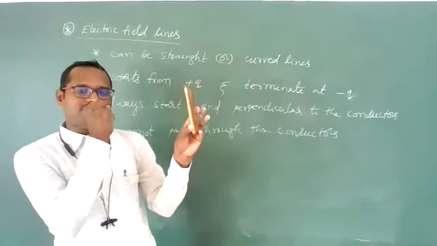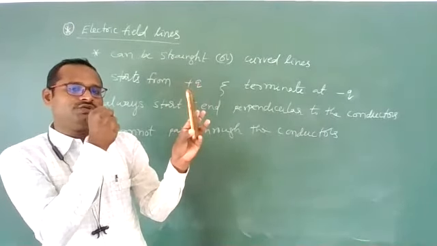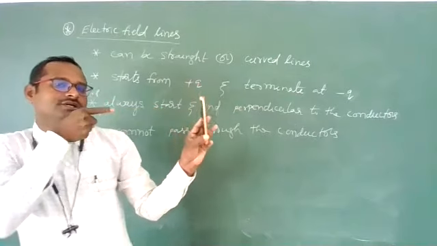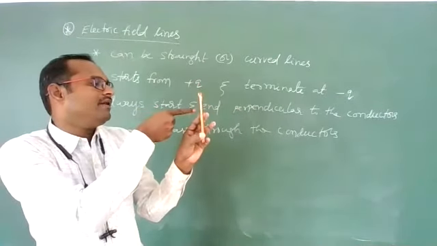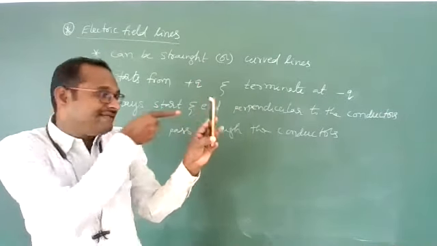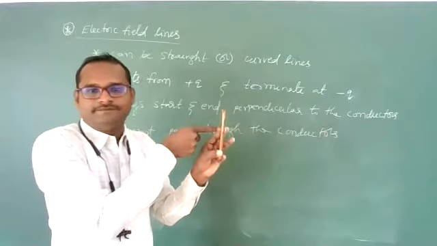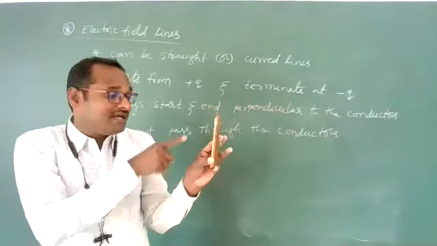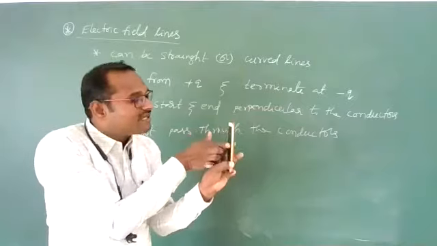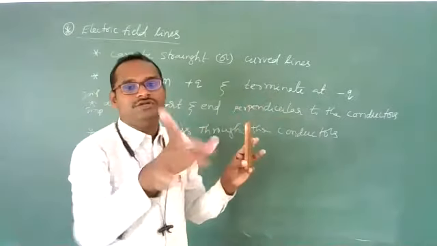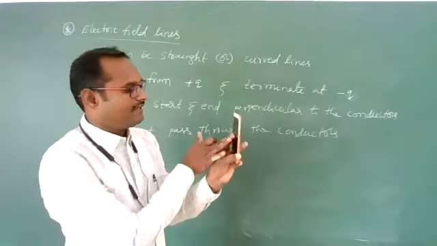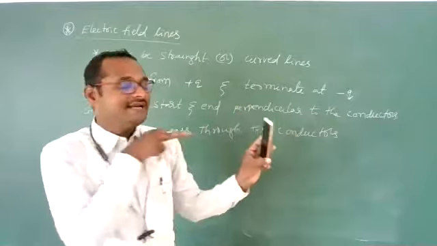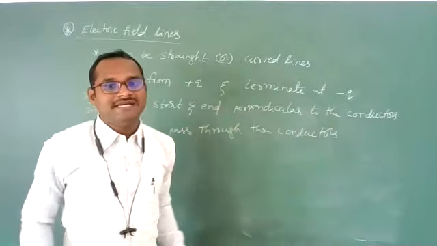Let us imagine one positive charge here, and electric field lines are originating from it. They will come and hit this surface, and they cannot penetrate through this conductor. Again they start from here like this. They cannot pass through the conductor, but on the surface of the conductor they can pass. You need to remember that point.